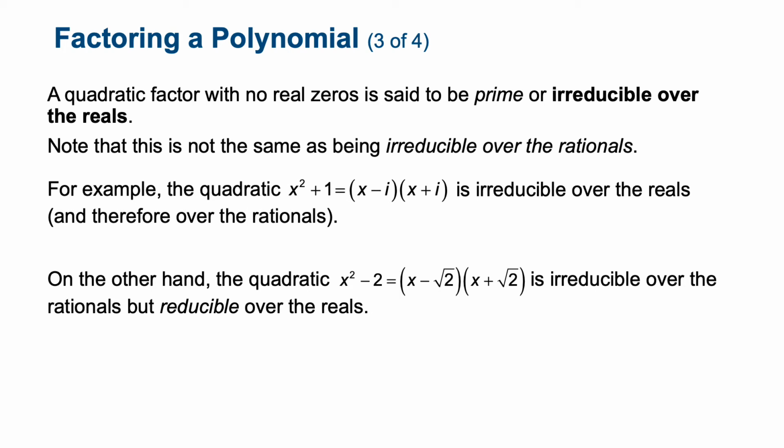So it's prime over the reals, okay? So what about this other quadratic, x squared minus 2? This is factorable, and its zeros are real numbers, but they're not rational. Square root of 2 is not rational, okay? So this is considered irreducible over the rational numbers because the answers are not rational, but it is reducible over the reals because these numbers are real numbers.